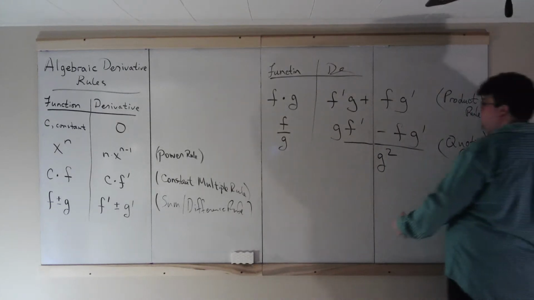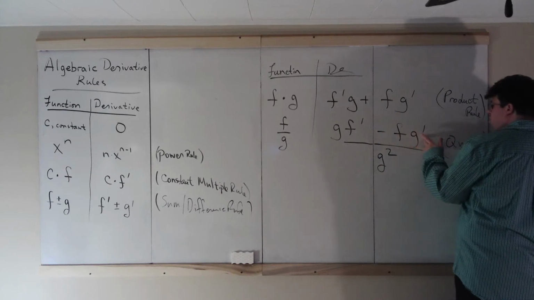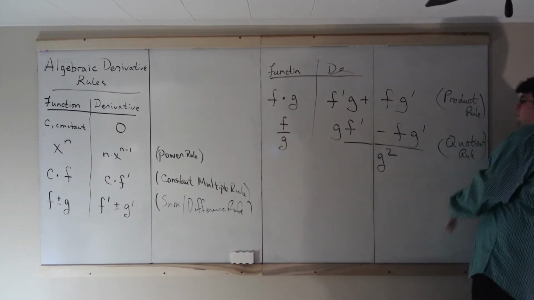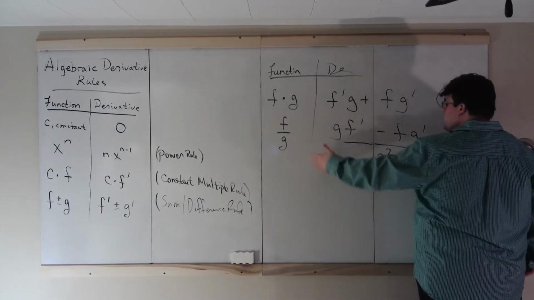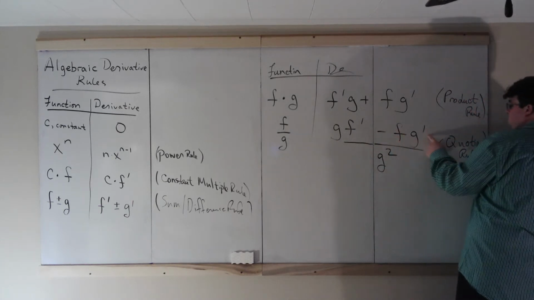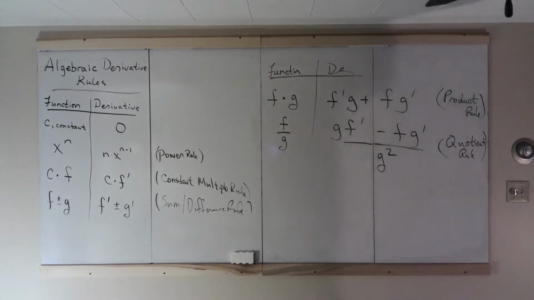We have a large quotient. We have gf prime minus fg prime all over g squared. So we have a large fraction as our derivative of a quotient. Bottom, derivative top, minus top, derivative bottom over bottom squared. And we call that the quotient rule.